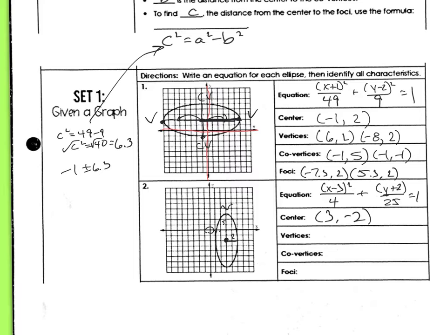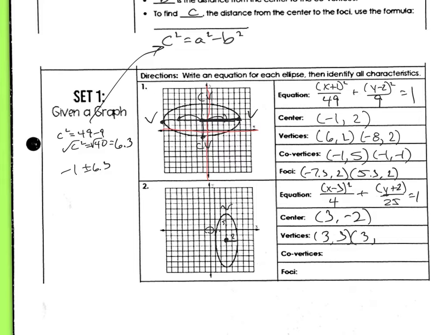This is your vertex. So our vertices are at... wait a second. Sorry. I don't know why I can't keep track of myself. This is a 3. And up 3. And the other vertex will be at 3, -7.